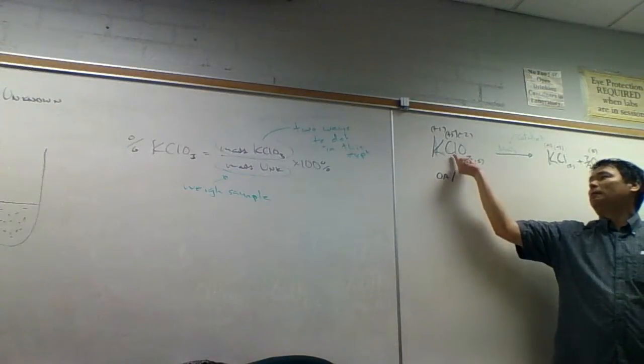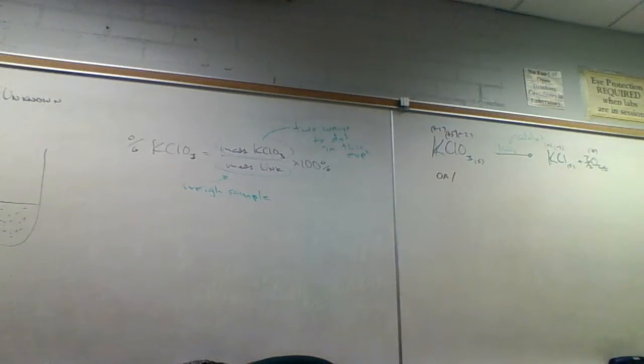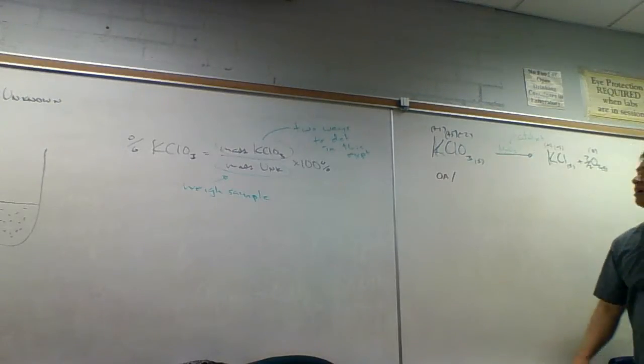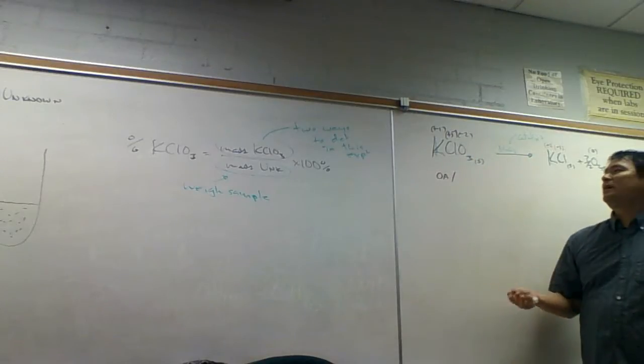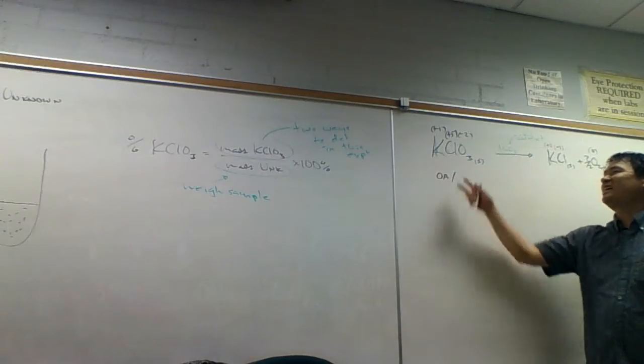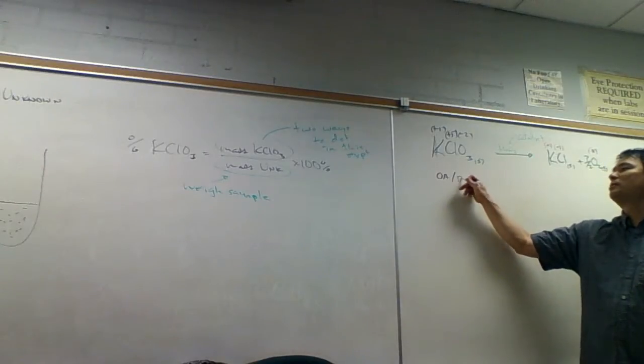If chlorate could find easier electrons to take, like sugar, remember the potassium chlorate with sugar reaction? That's called the sugar rocket engine or rocket. But anyway, if chlorine can take it from easier sources, it will. But in this case, there's no easier source, and this is both the oxidizer and the reducer.